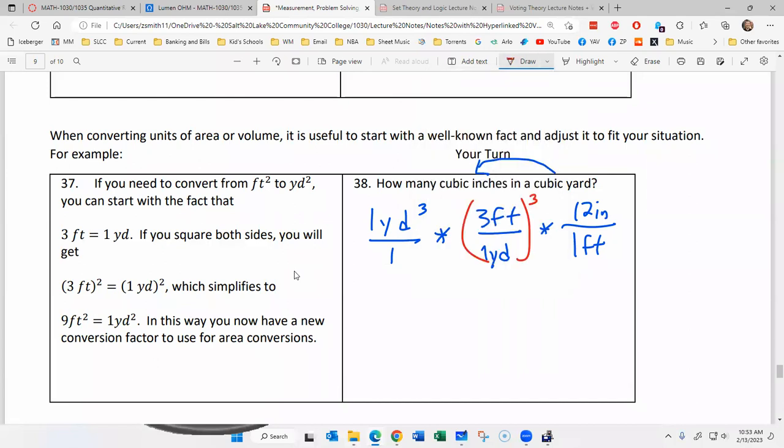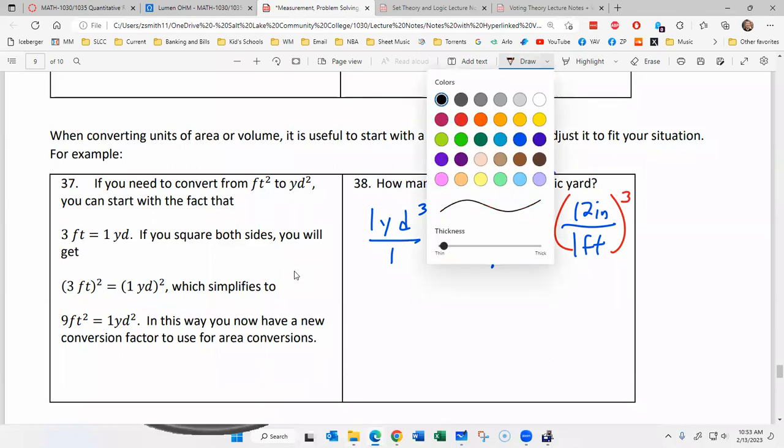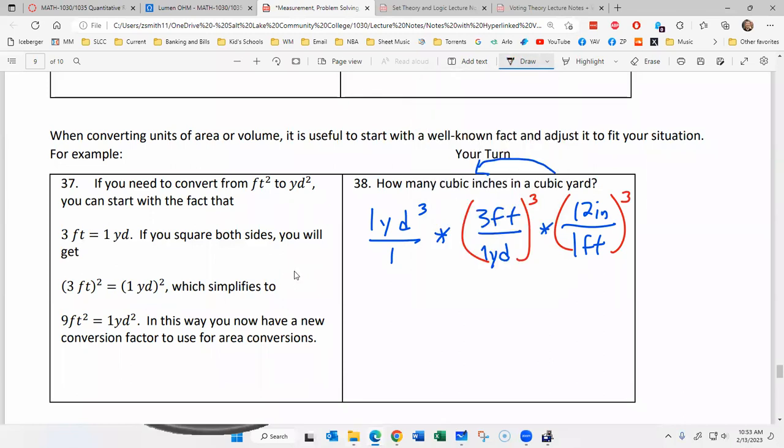But we have a cubic foot, so we cube that as well. And this yard cubed reduces with this yard cubed. This foot cubed reduces with this foot cubed. And we end up with inches cubed.